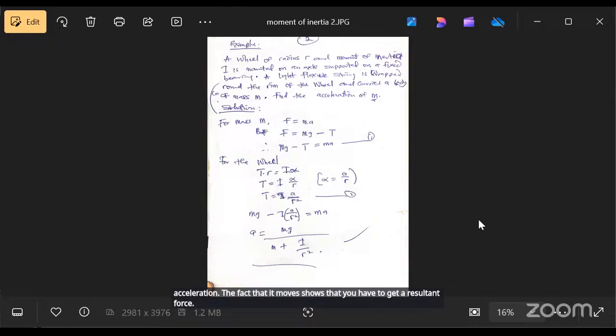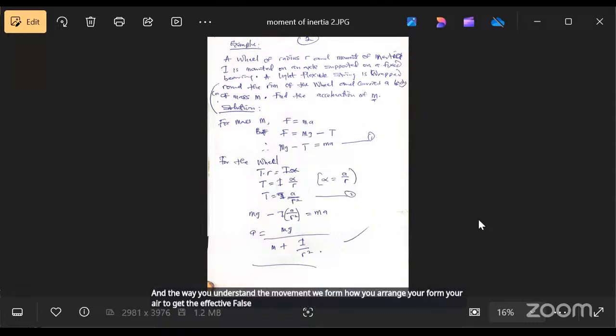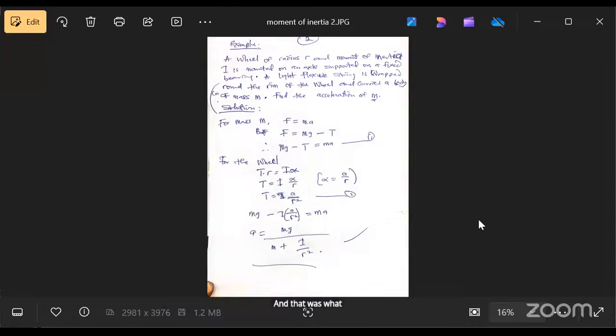And the way you understand the movement will inform how you arrange your equation to get the effective force. If there is a movement, it means the weight comes down and is greater than the tension, then it will be mg minus T. And that was what led us to equation number 1.